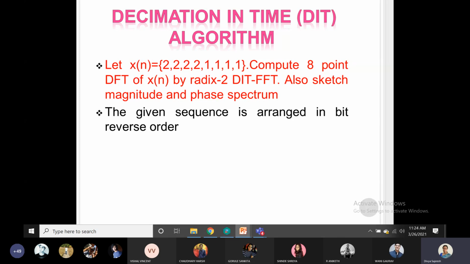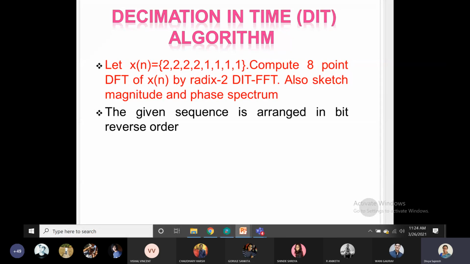The first step in this algorithm is to arrange the input in bit reverse order. Go back to your digital course, where you learned how to express each element in zeros and ones. Since it is 2 cube, you have to express each element as a 3-bit digital number.